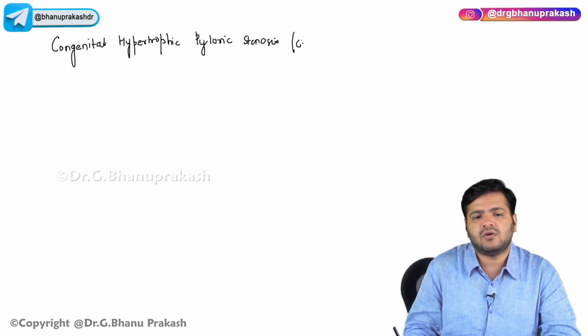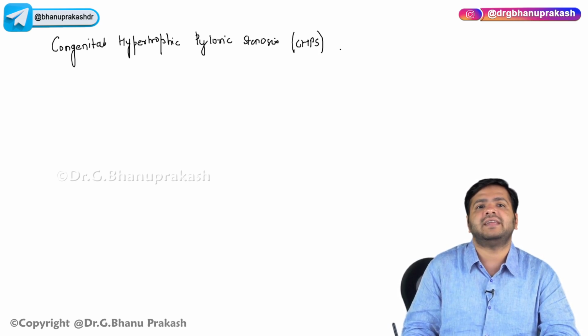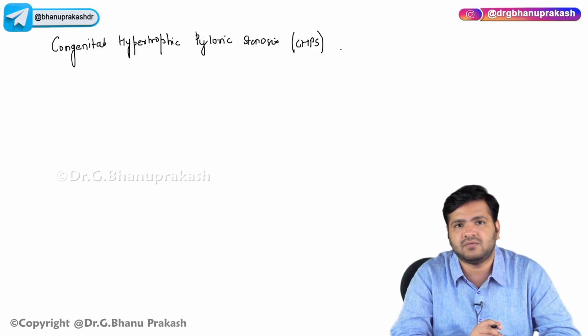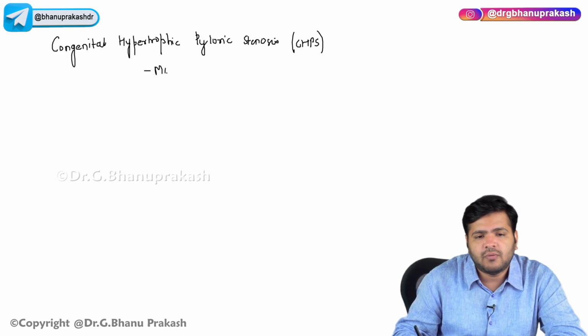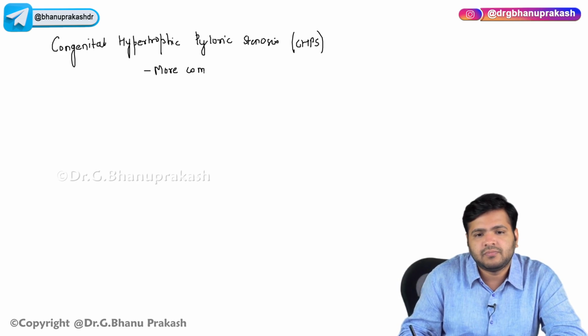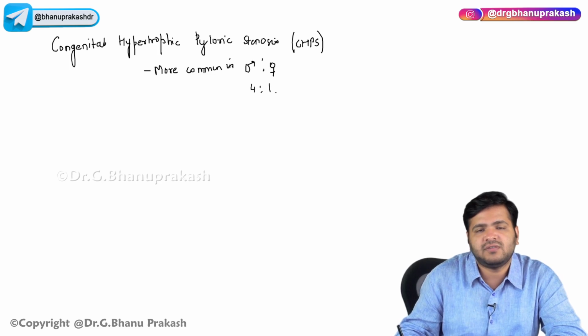Now, this is also called CHPS, congenital hypertrophic pyloric stenosis. Now, remember that it is more common in males than females. The ratio is around 4:1.